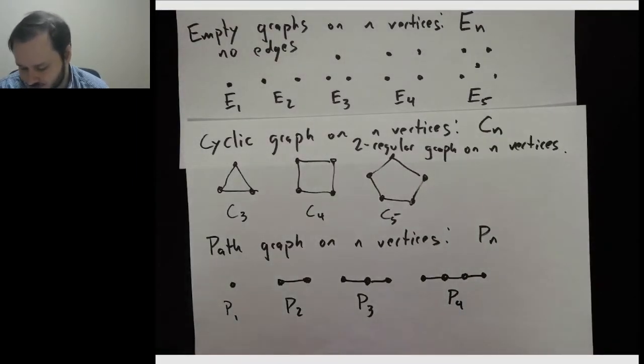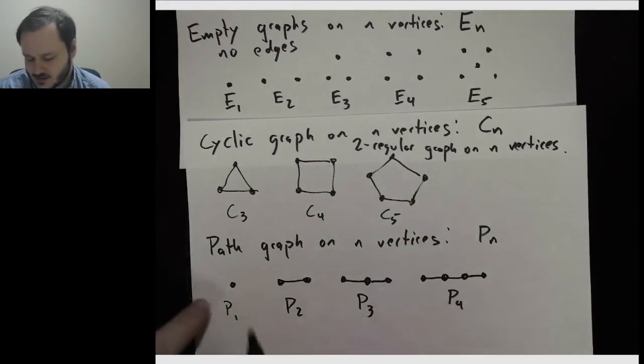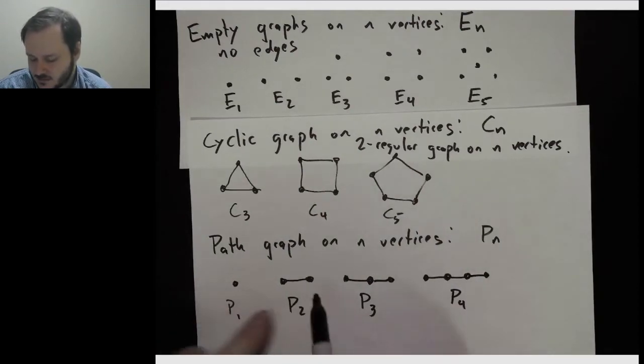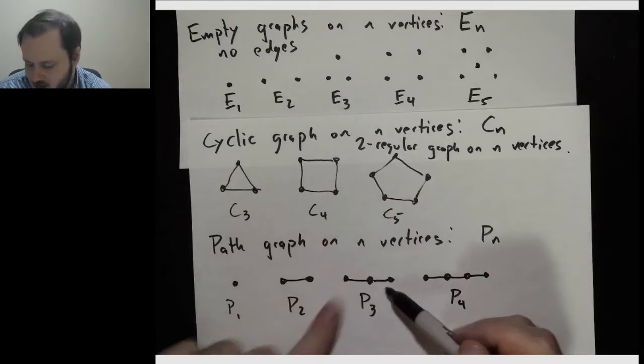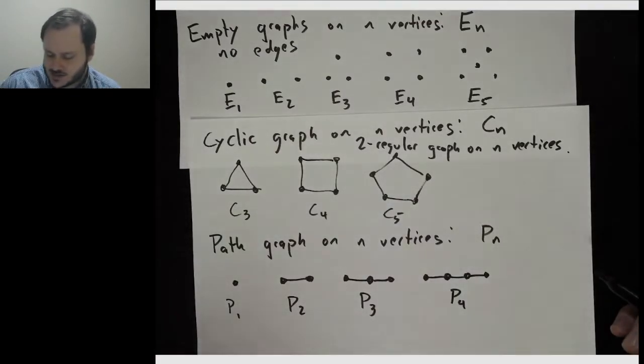The path is just the cycle graph missing an edge, so that once you get up to P3, everything has degree 2 except for your 2 edge vertices.